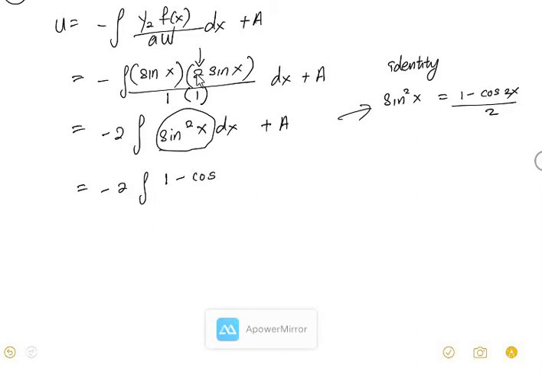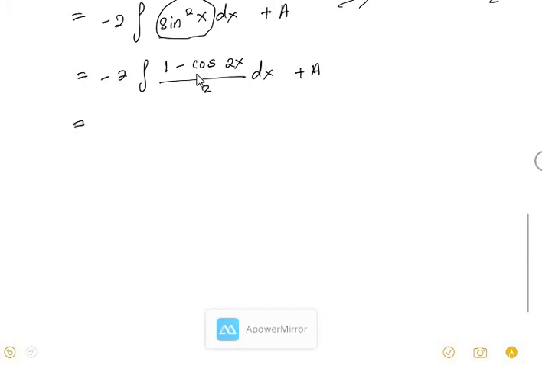So you have negative 2 integral, we substitute this value, (1 minus cos 2x) divided by 2, dx plus a. So this one we can cancel, you get negative integral of (1 minus cos 2x) dx plus a.